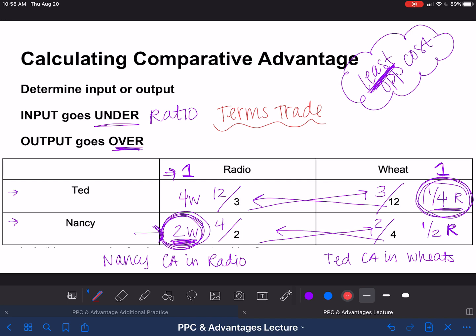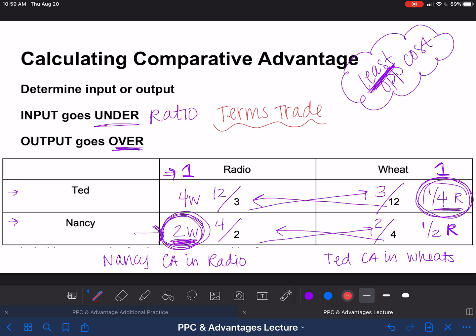So Ted is losing 4 wheats when he makes 1 radio. So does it make sense for Ted to give up 5 wheats for 1 radio? No, he gives up 4 when he makes his own radios. So he's not going to give up 5 wheats when he makes 1 radio.